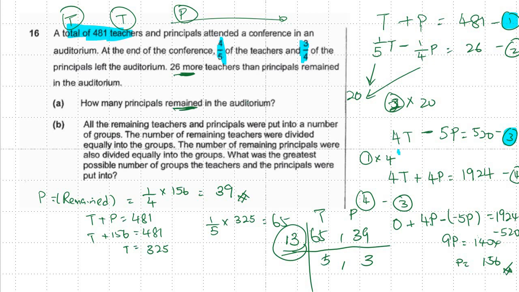But in each of these groups, one group will have 5 teachers and 3 principals. You notice that? So the answer is actually 13 groups. You understand now? So one group will have 5 teachers and 3 principals.